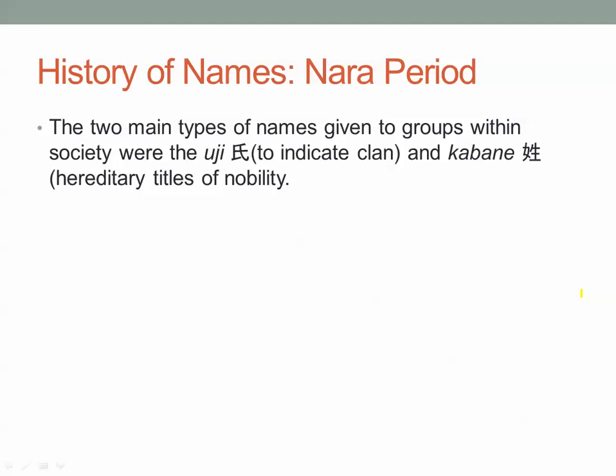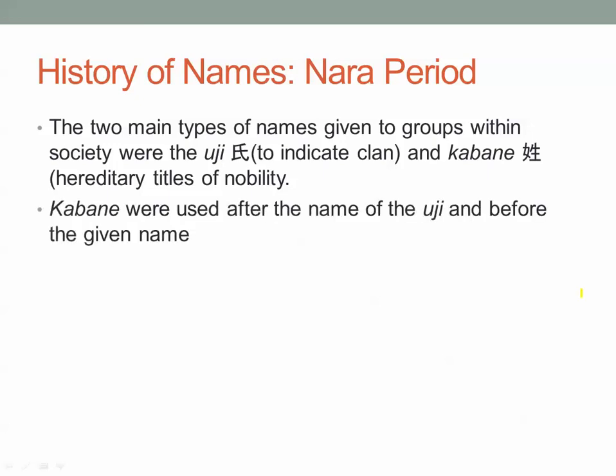So the two types of names given to groups within society back in early Japan, we're talking the Nara period. So this is the 8th century. Generally, the Nara period is identified as early 8th century till the late 8th century, not even 100 years. These two types of names were the uji, to indicate a clan, and a kabane, a hereditary title of nobility.